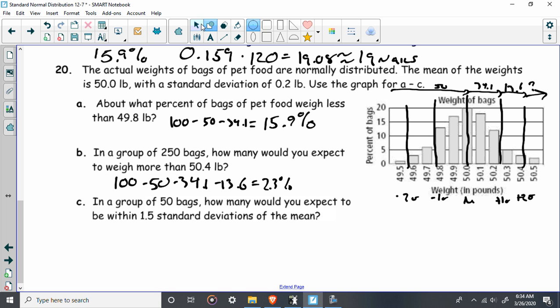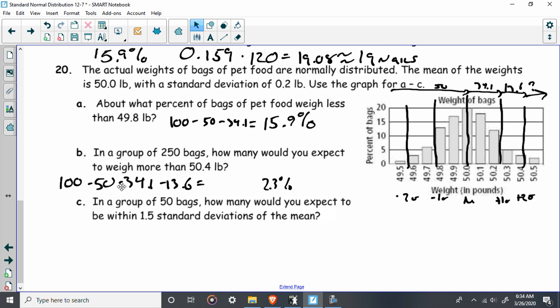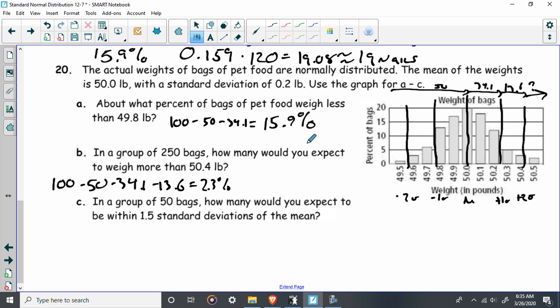Okay, so what's 2.3% of 250 bags? So let's move this over a little bit. So again, first thing, 2.3% is 0.023, which is 2.3 divided by 100. We're just going to multiply that times the 250 bags they gave us.